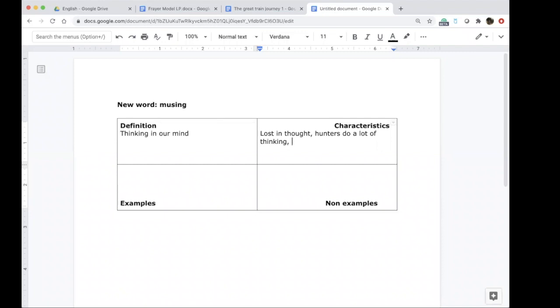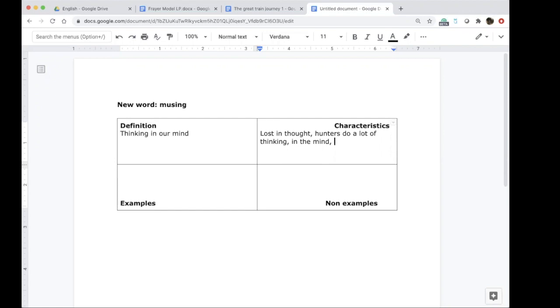Yes, Hazira. Yeah. So students will think a lot of questions in our mind. Yes, that is very good. Students will think, but where do they think? In the mind. So that is one of the details. In the mind. Okay? Students will think, that is an example, but in the mind is the detail about the word musing.